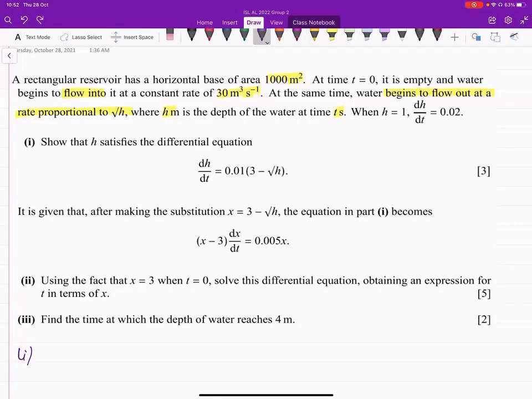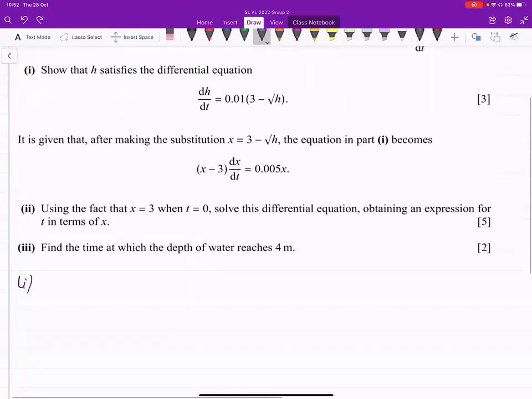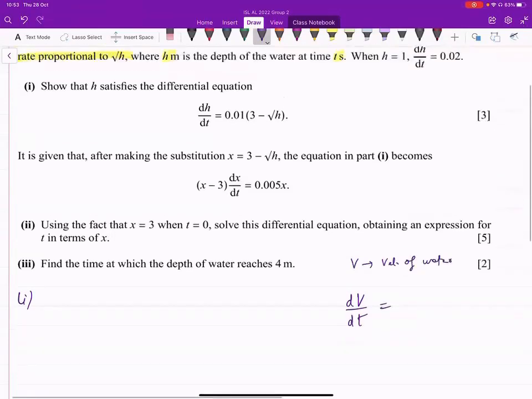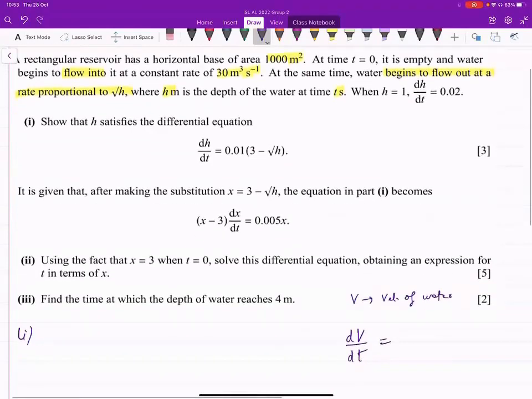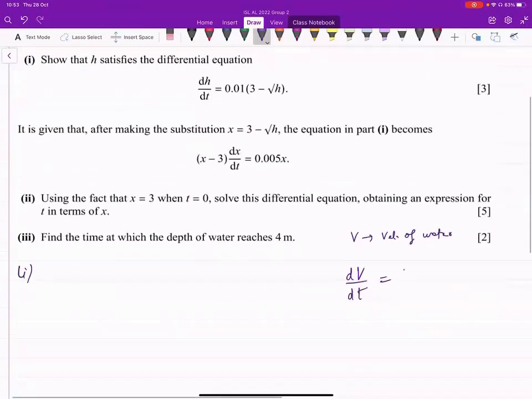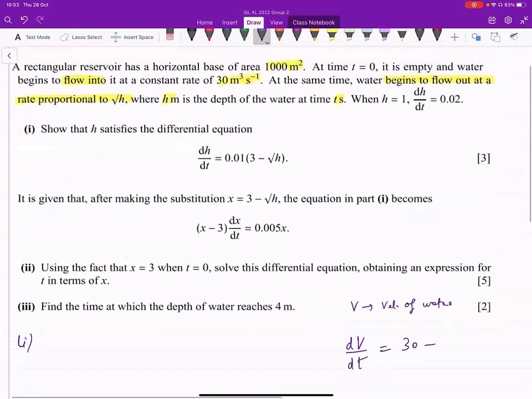We can find the volume. उसको देखते हैं, but let's try to formulate some equation from this first. Rate of change of volume, that's dV over dt, right? V से हम represent कर रहे हैं volume of water. What is the rate of change of volume here? 30 is the inflow, so we have 30. Then there's some outflow that is proportional to square root of h. क्या subtract करें?